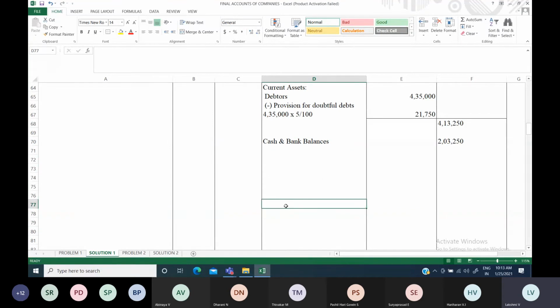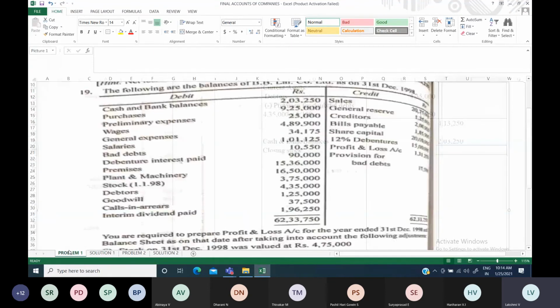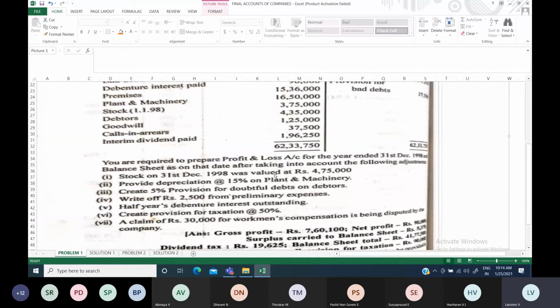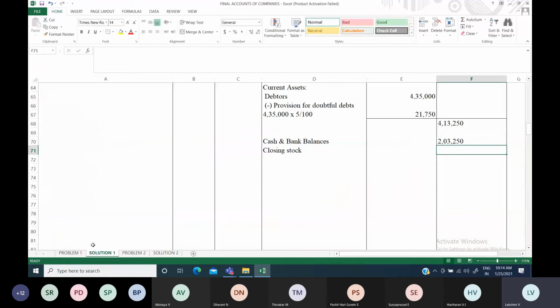Okay, so closing stock, if you see, given in adjustment, 31st December 1998, 4,75,000. This is our closing stock. Already we have entered it once. This is the last time's closing stock. Okay. And look for some other items. Some current assets may come like that. You just check it out.